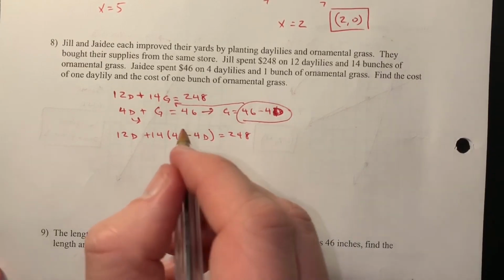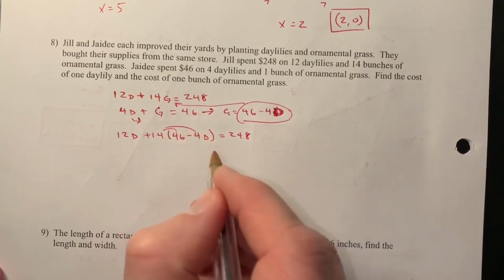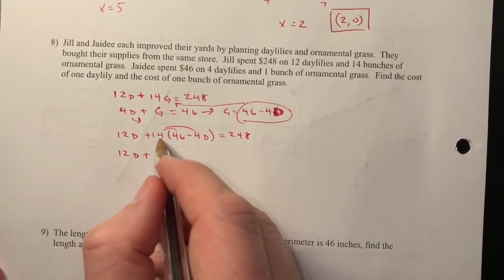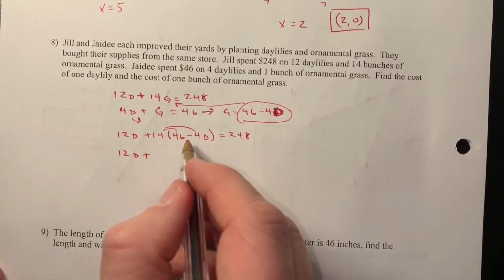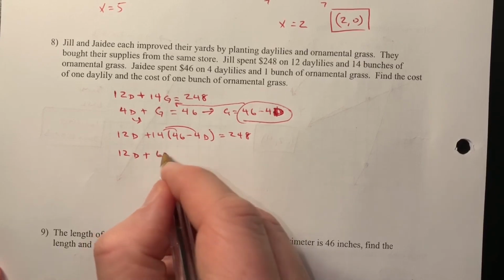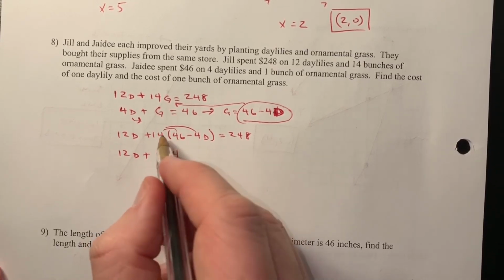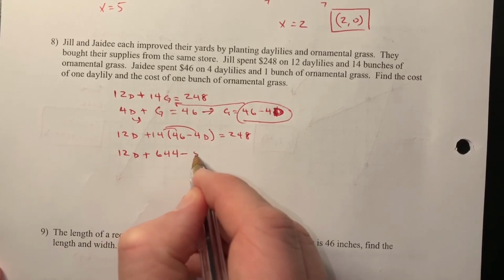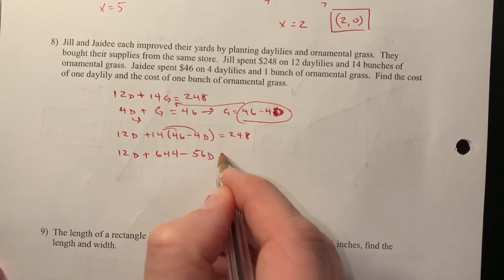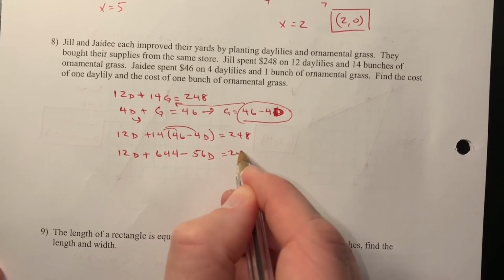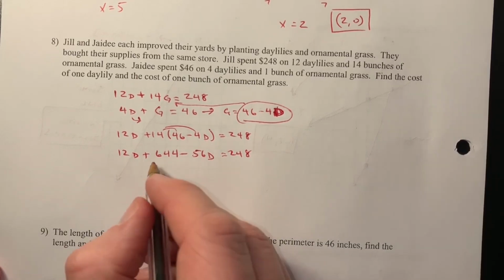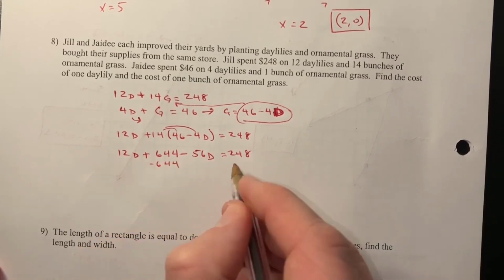Okay, then I'm going to distribute. 12d plus 14 times 46, that's 644. And then 14 times negative 4 is minus 56d equals 248. Okay, so we've got a 644 that we can subtract.